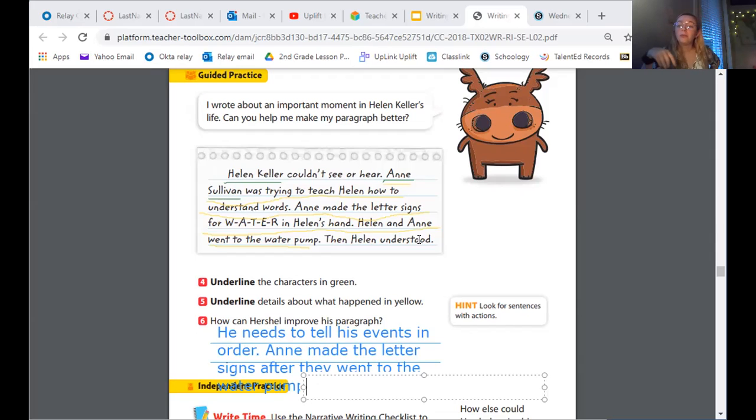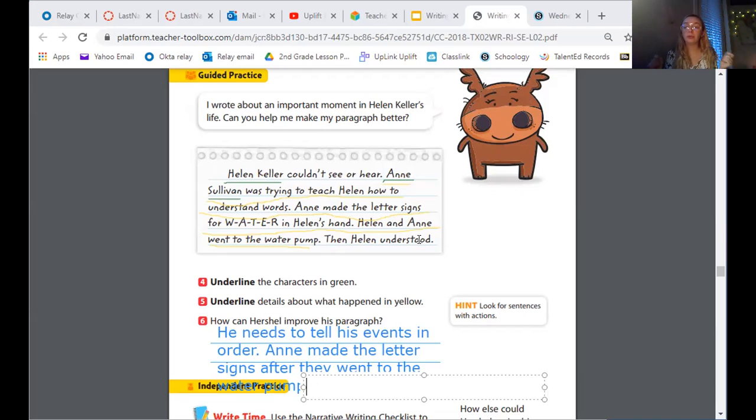Okay, so now we've reviewed Ava's mentor text about George Washington, and we also reviewed Herschel's text about Helen. So we are going to use our revising skills to revise our own paragraphs now.